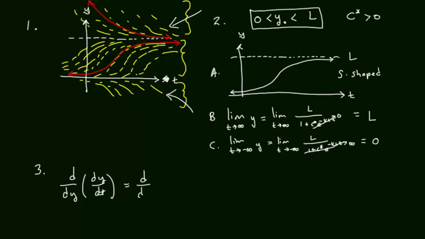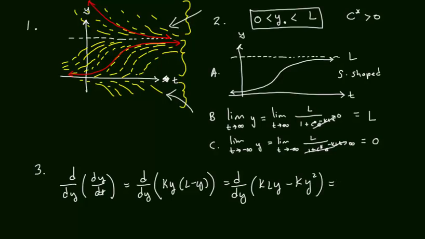And that's going to be the derivative with respect to y of the derivative equation, ky times L minus y. Now I will distribute that to be kLy minus ky squared. Then I'll take the derivative, and that derivative will come out to be kL minus 2ky. I'm trying to find the maximum, so I'll set the derivative equal to 0, and that will give me, after I simplify, y equals L over 2.